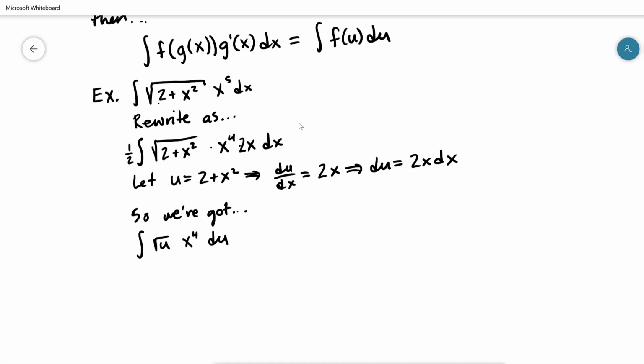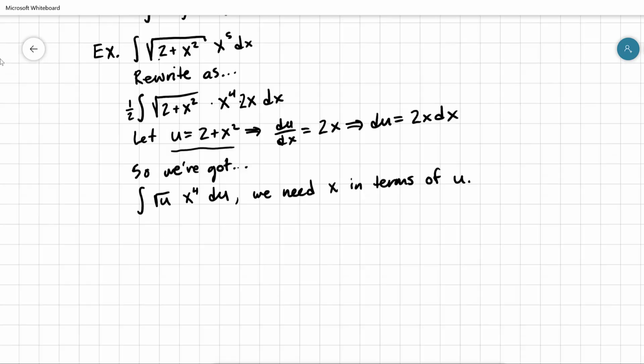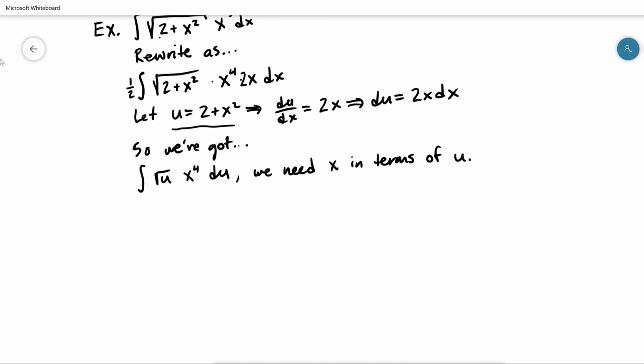I need to write this x, so we need x in terms of u. And so how do we find that? Well, we have our expression where we did that substitution. I just need to solve for it. So we need to solve u equals 2 plus x squared for x.